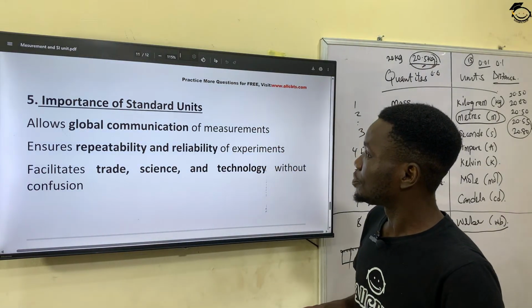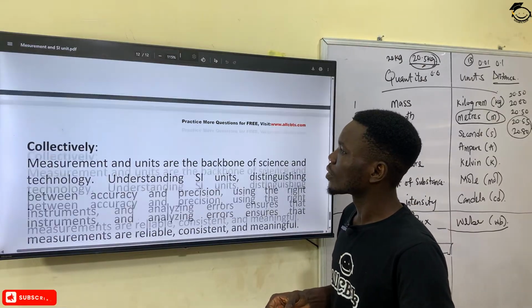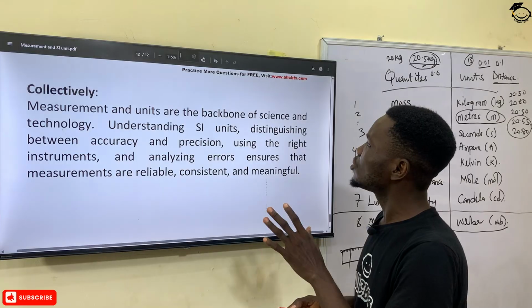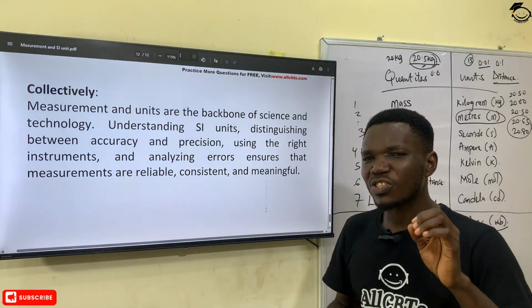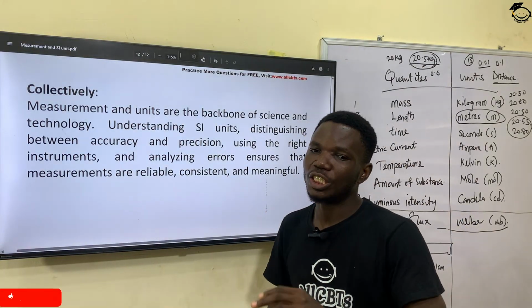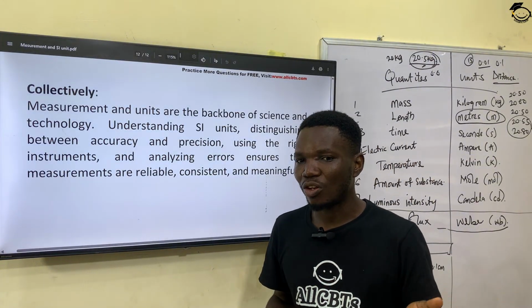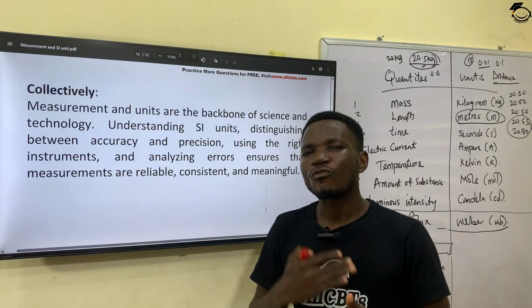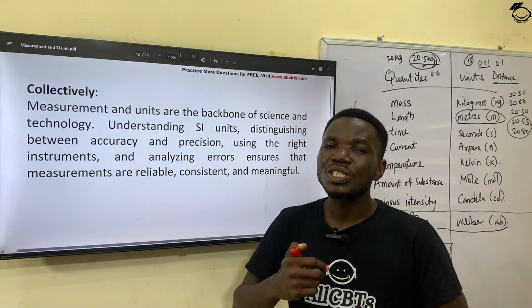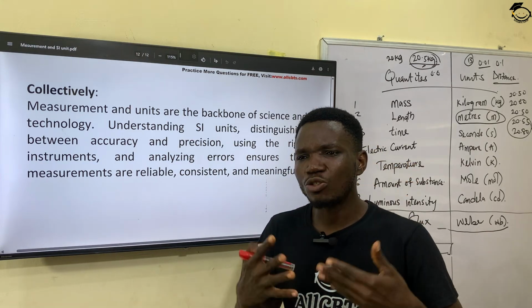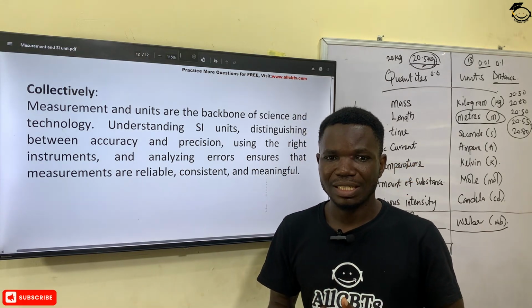Moving on from there. Collectively, measurement and units are the backbone of science and technology. Without measurements and units, science and technology will not function properly, because we depend on values for our measurement in science.